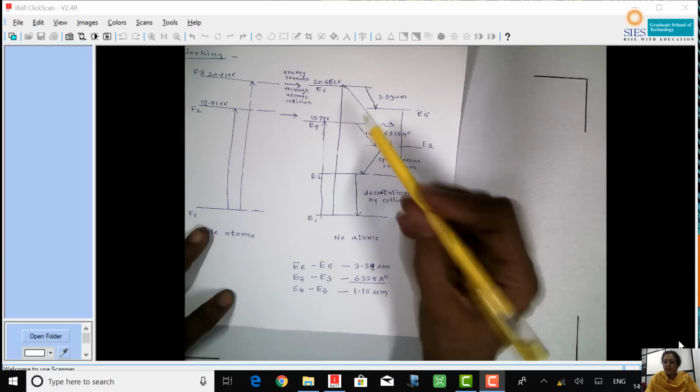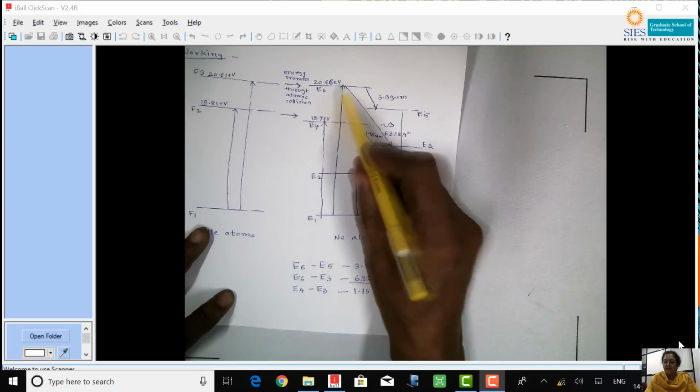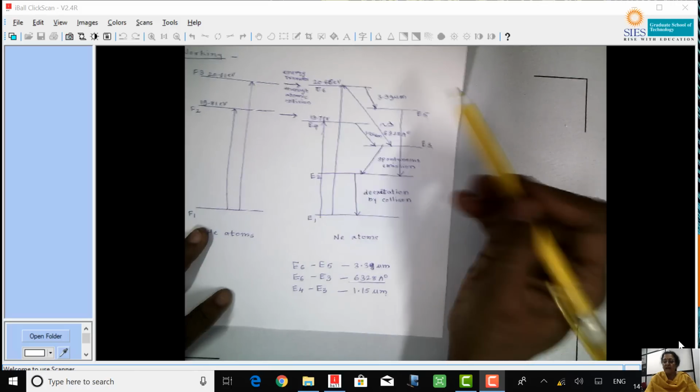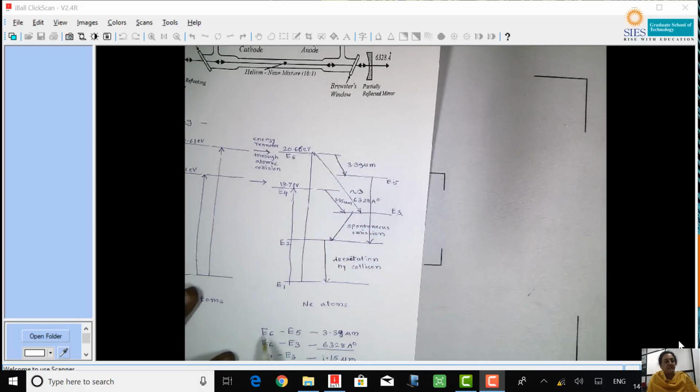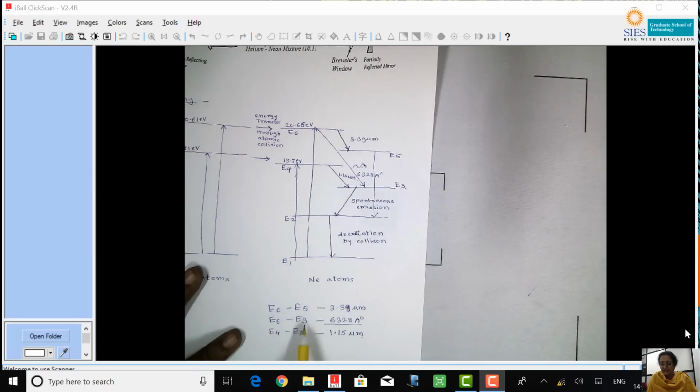There are two metastable states, E4 and E6, and there are three types of population inversion. One is between E6 and E5, second is between E6 and E3, and third is between E4 and E3, and three wavelengths are given out.